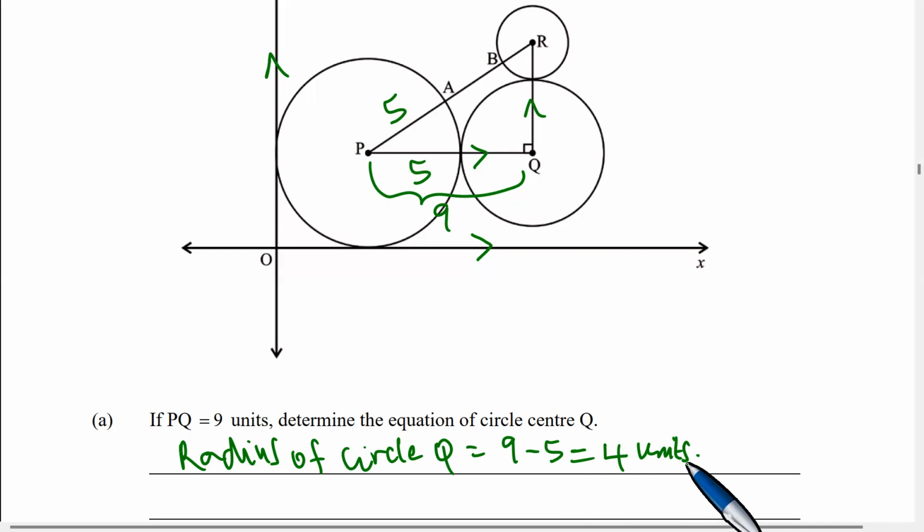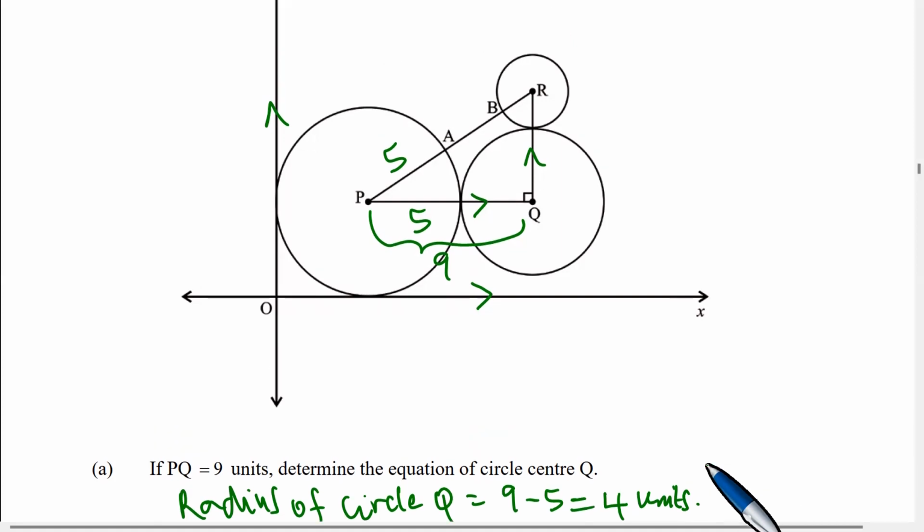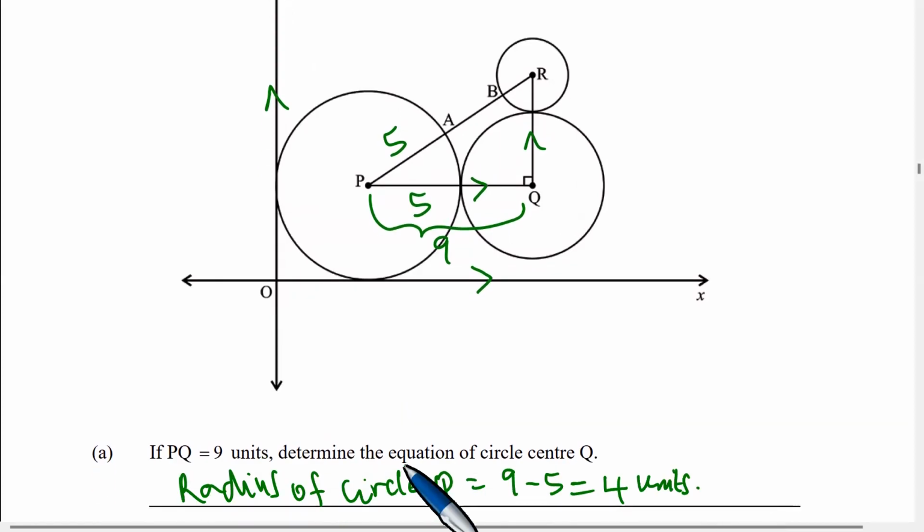Now, the center of the circle is what? At this point, we are interested in XQ, but also in YQ. What is XQ here?